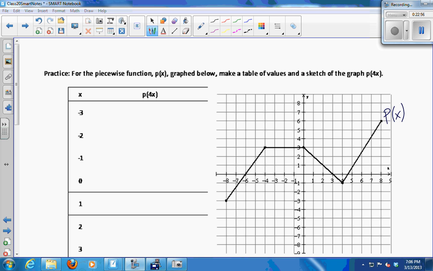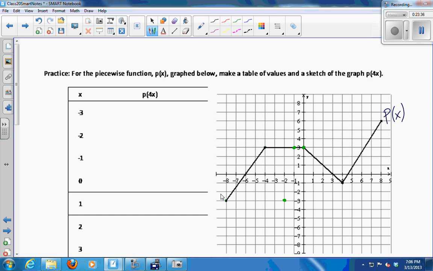So this point right here is at -8, -3. Take a quarter of the x coordinate. A quarter of -8 would give me -2. So I'm going to move this one into -2. This point right here is at -4, 3. Take a quarter of -4, and we get -1, 3. So you take each point that's important, take a quarter of its x coordinate, and move it that much. So here's an important point at 0, 3. A quarter of 0 is still 0, so this point doesn't move.